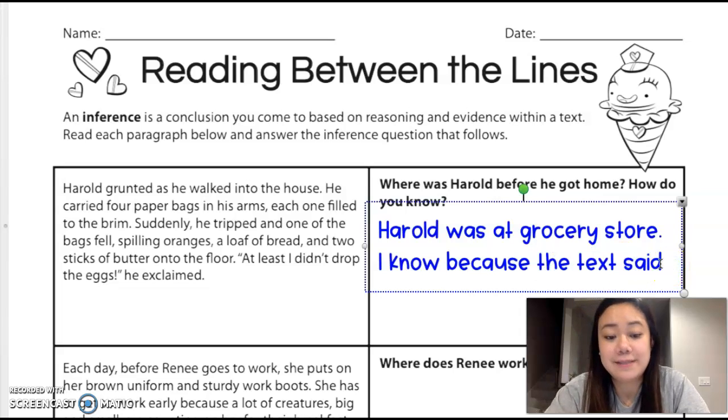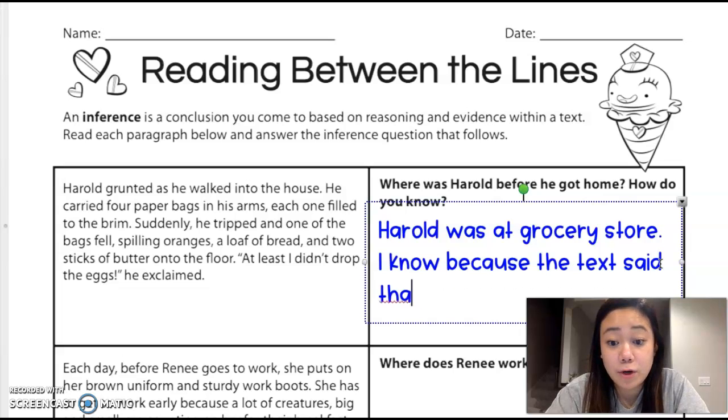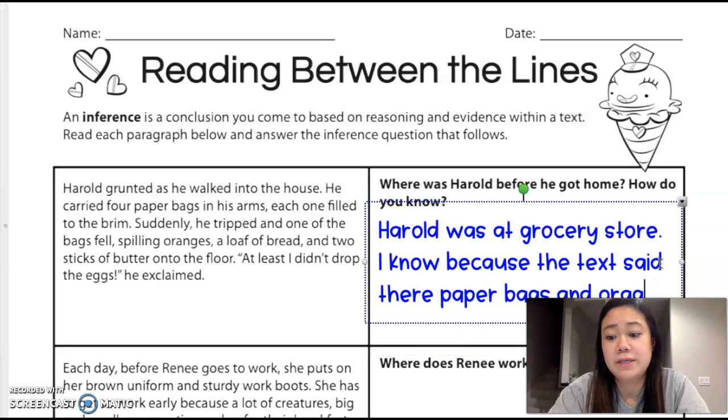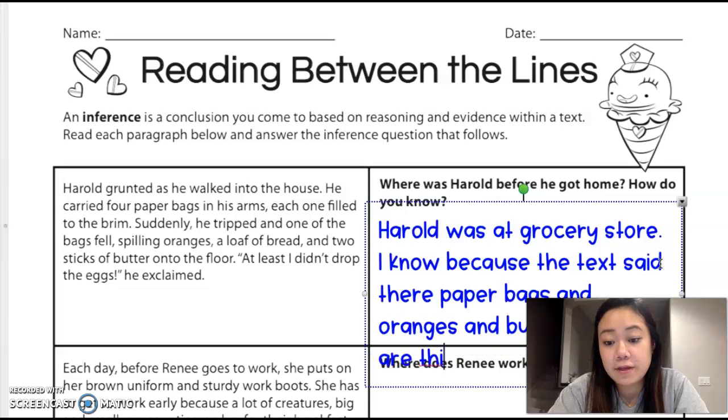So I know because the text said there were bags, paper bags, and oranges and butter, which are things from a grocery store.